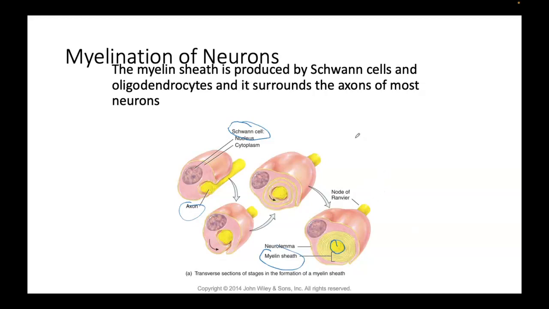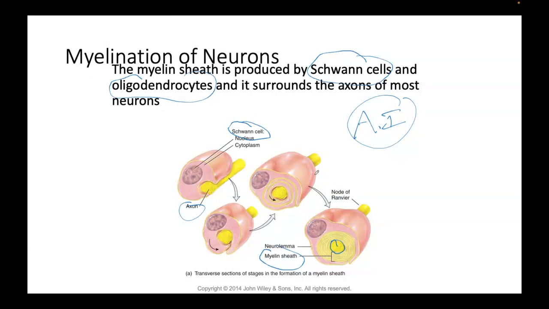Now, there are autoimmune diseases in which the body can attack the myelin sheath, or it attacks the Schwann cells, or it attacks the oligodendrocytes. And when the body is breaking down the myelin sheath or destroying Schwann cells and oligodendrocytes, that means you can't produce myelin, and nerve conduction slows down.